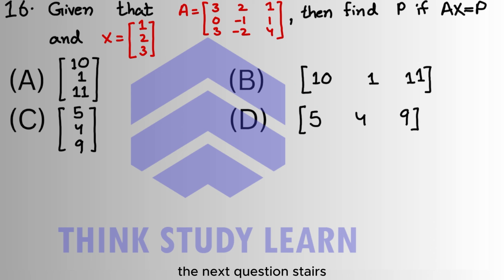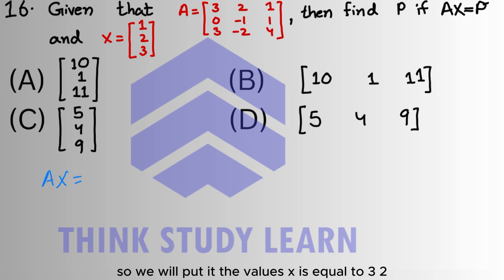The next question states, given that A is a 3 by 3 matrix, then find the value of P if AX is equal to P and X is equal to 1, 2, 3. So according to the given condition here, AX is equal to P. So we will put in the values.